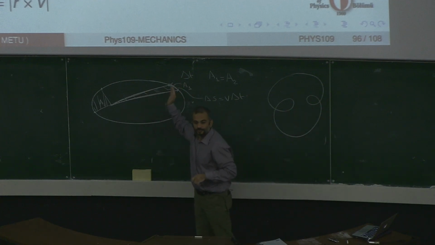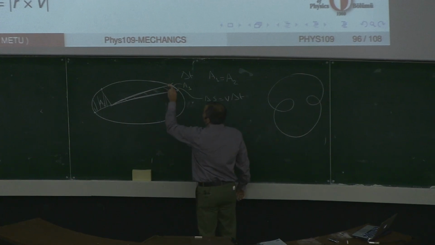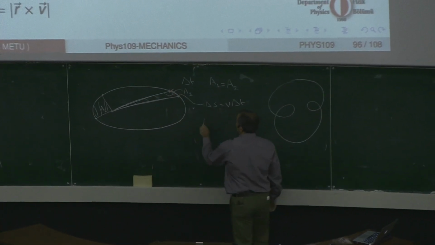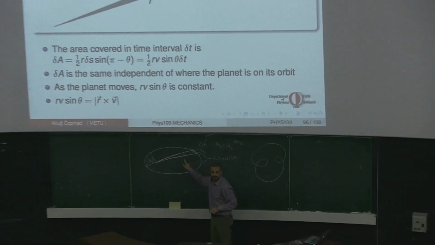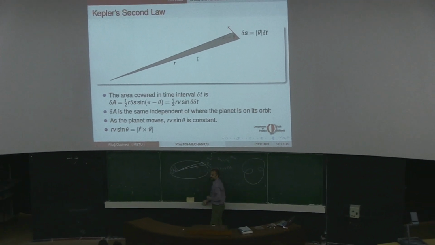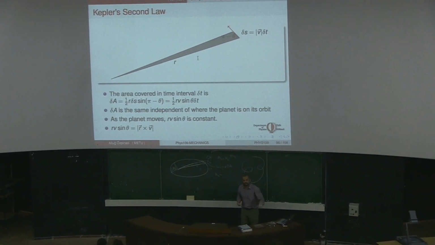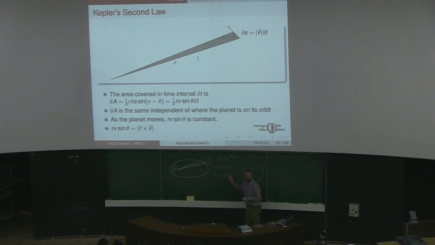Here I have almost a triangle. The area of this triangle, A1: the base is the radius, the distance from the sun. So the area is 1 over 2, the base length of that triangle, times the height.